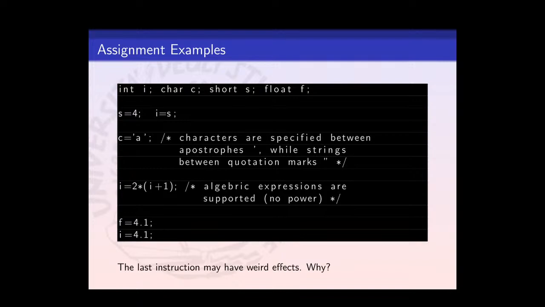Nothing special. The last line is a little bit strange because you have an integer variable and you want to store into it a non-integer value, a floating point number. In some sense, it's just like you have a small box and you want to place an elephant in it. So either the box breaks up or you squeeze the elephant.